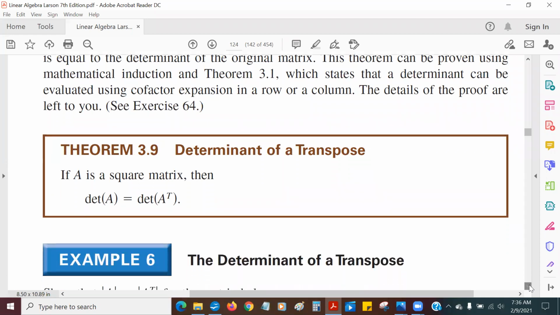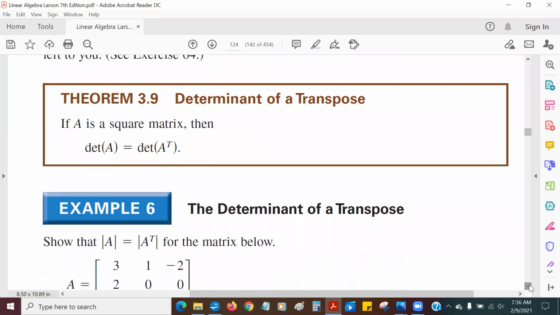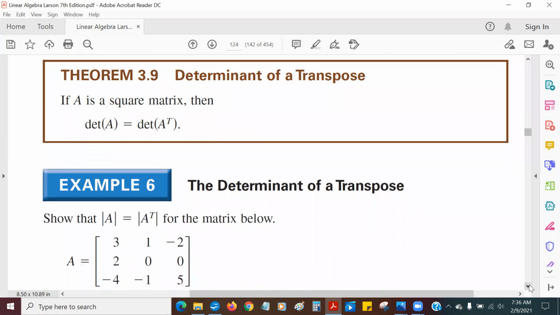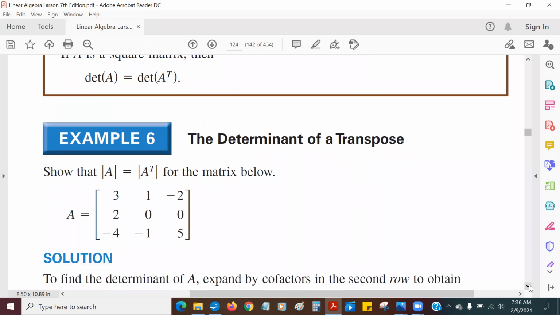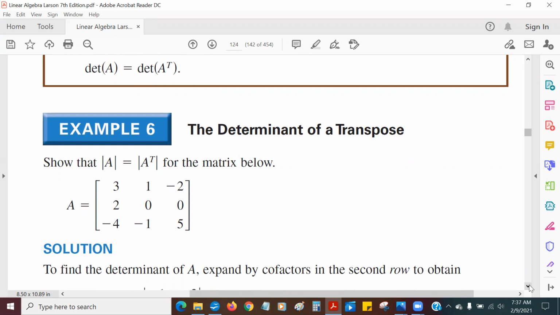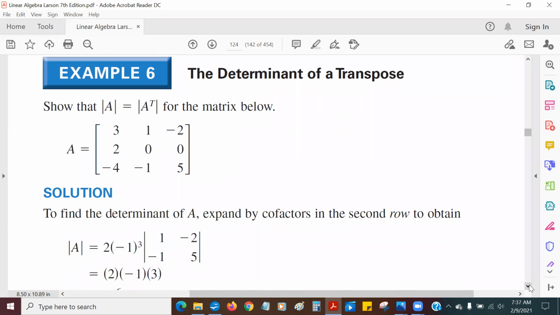Let's look at matrix A. So here's matrix A. Let's say we expand this on the second row to get the determinant, which is a great choice because you have a couple of zeros on the second row, and you do this, and here's what you get.